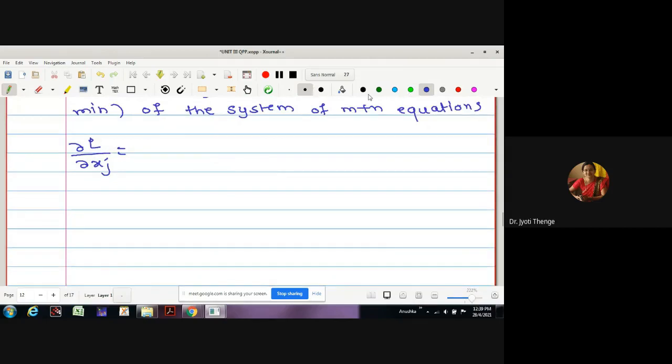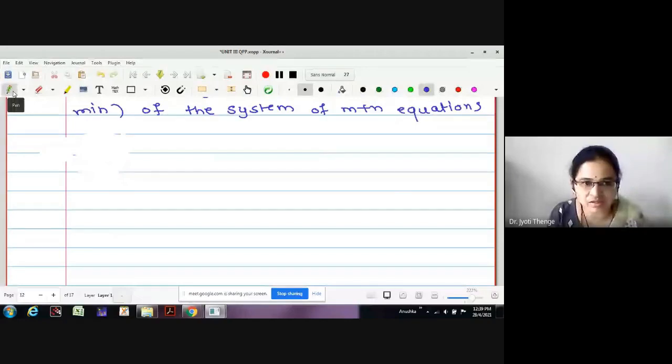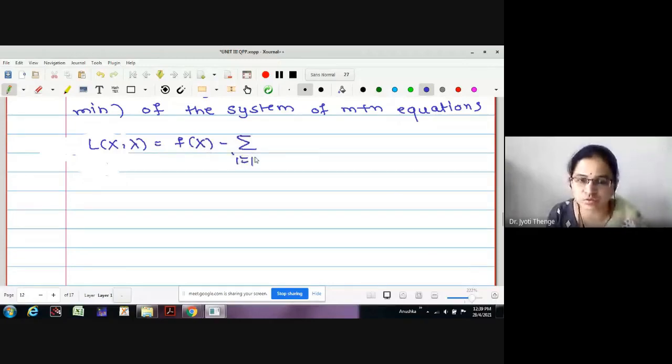I will write L again and then we will do the differentiations. We write L of x and lambda is f of x minus summation i equals 1 to m lambda i g_i of x. Good. Now what is dou L by dou x_j?